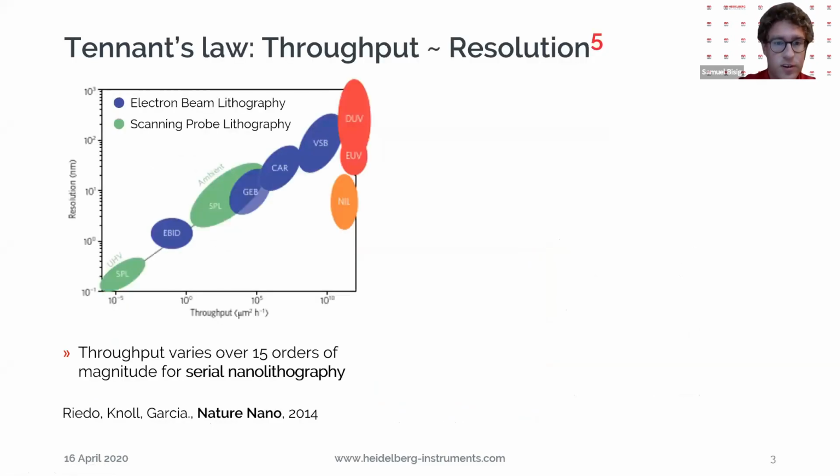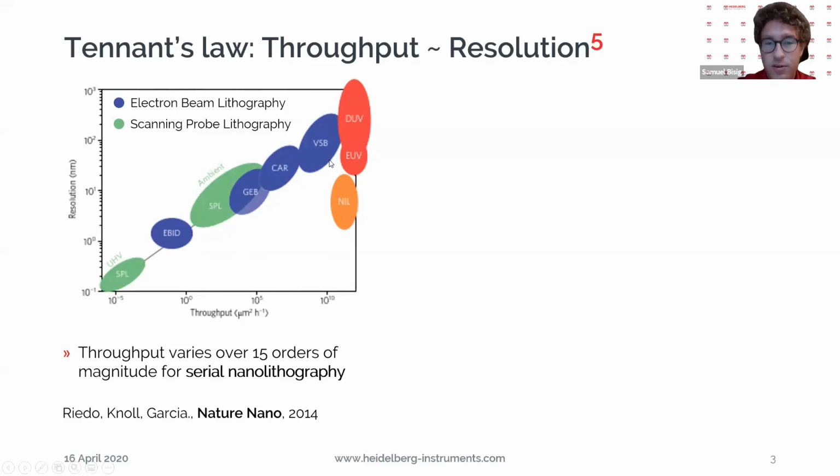So let's go first into the introduction. Tennant's law is an empirical law, like Moore's law, and it basically states that the throughput goes with the resolution to the power of 5. If you check this graph, where you can see the resolution versus the throughput, you can see that even e-beam lithography, a well-established technology, is spreading over a range of 10 orders of magnitude.